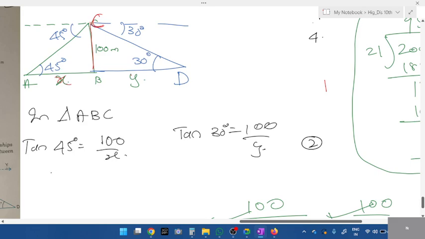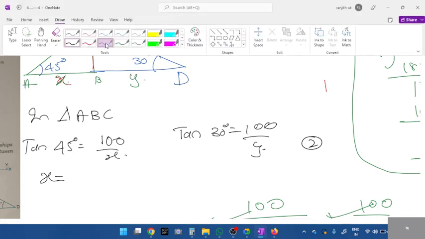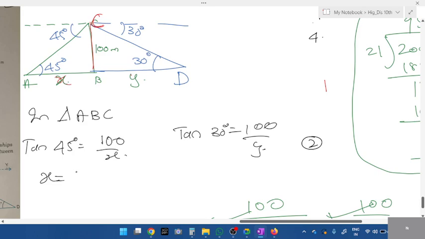What is tan 45? How much is tan 45, students? Tan 45 is 1. So what's the answer? X is equal to 100.